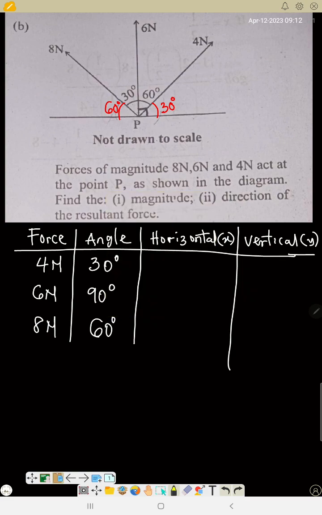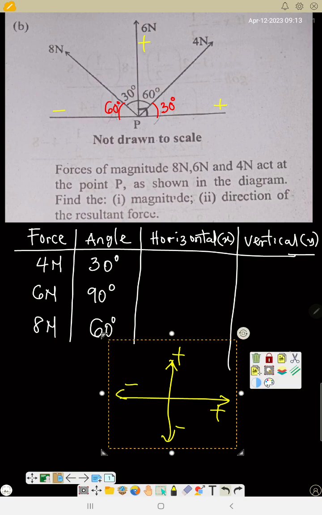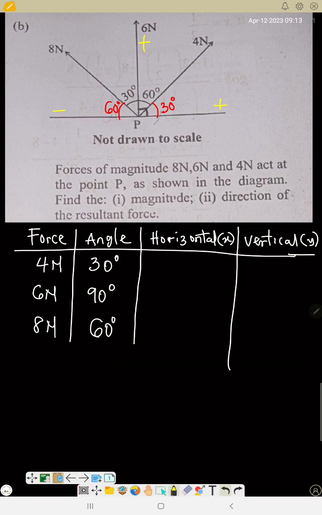Remember the sign here: this is plus, plus, minus, minus, just like if you have cardinal points. Any number you write here is positive, positive, negative, negative. So we take all this as our direction. Now I'll consider that in my workings.